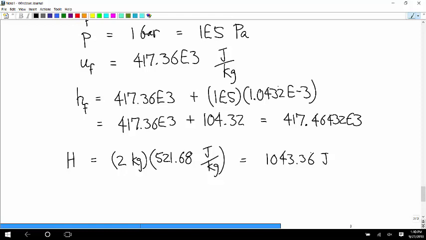Okay, so that's joules per kilogram, or if you leave this off, it's kilojoules per kilogram.